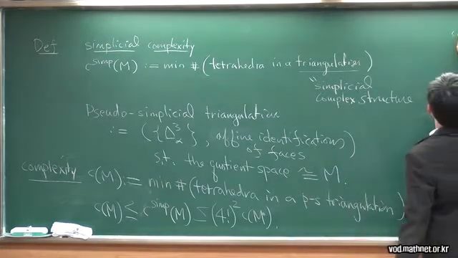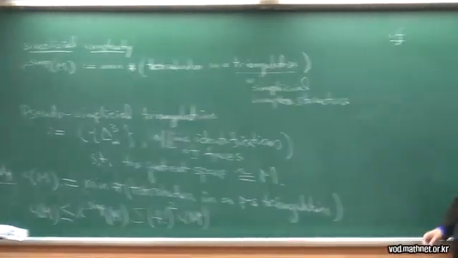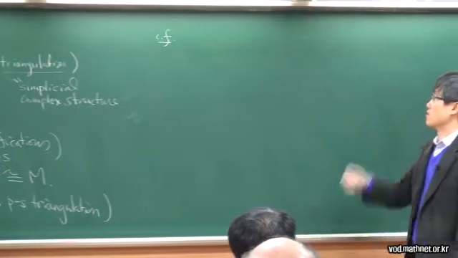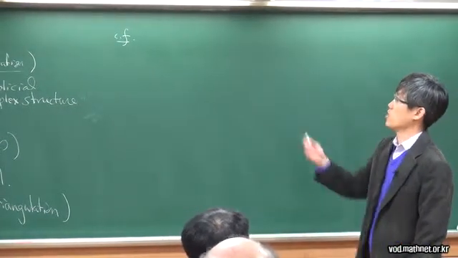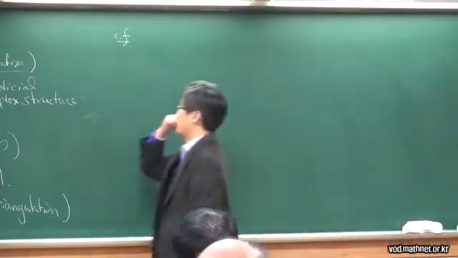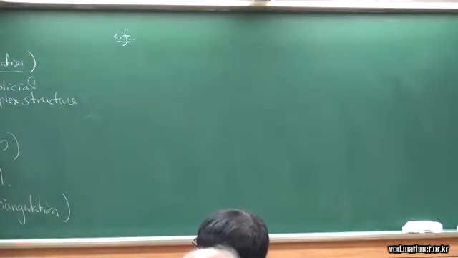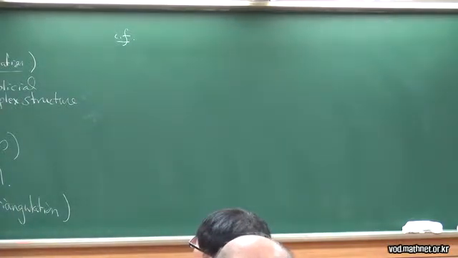Here are some other similar flavor ideas. Why do we think of simplicial complexity? Because it's natural to represent a 3-manifold as a triangulation. That's the most combinatorial method, but there are other standard ways to represent a 3-manifold.